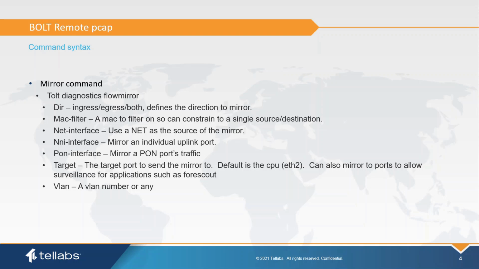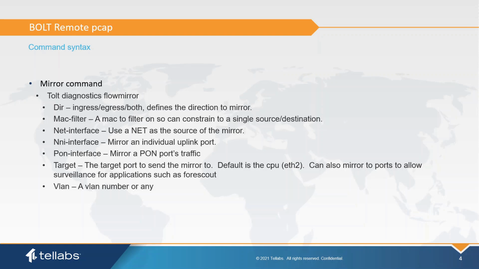So this allows you to take the mirror and mirror over to a given port that can then be plugged into your security appliance. The last parameter is VLAN, and you can either put in a single VLAN number or any, and any will watch all VLANs. And so those are the parameters for the mirror command.